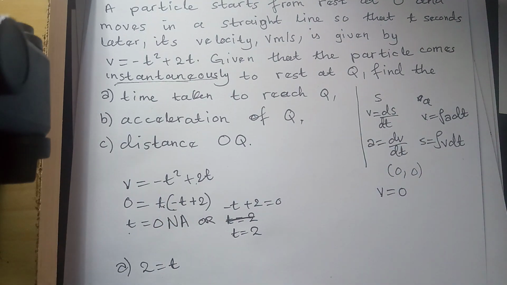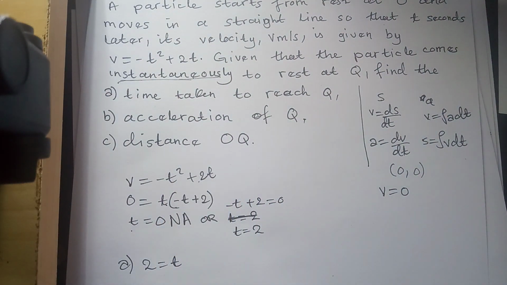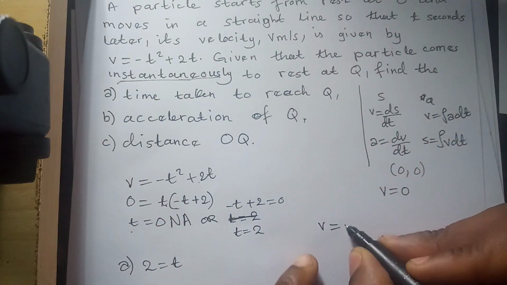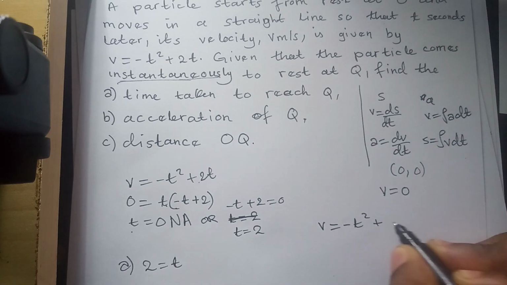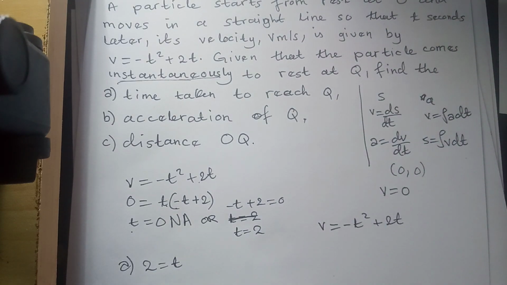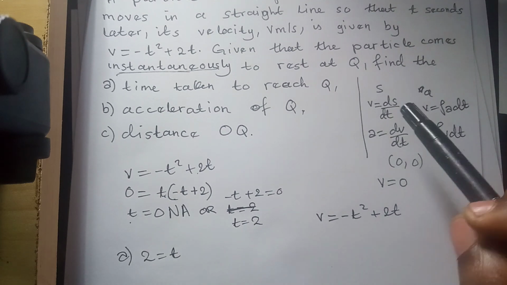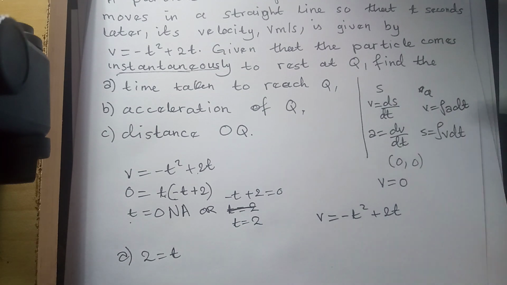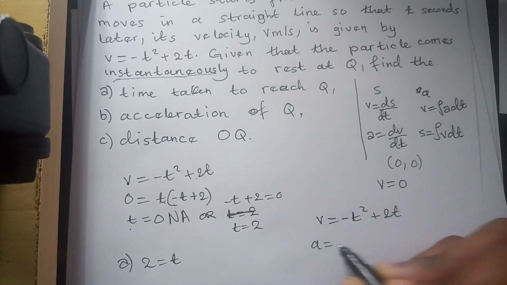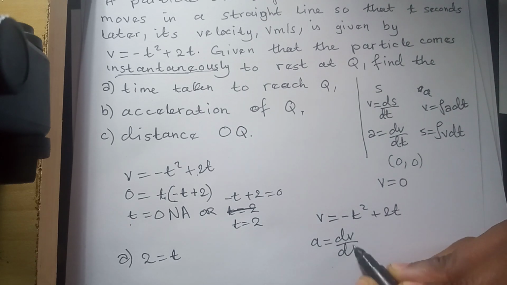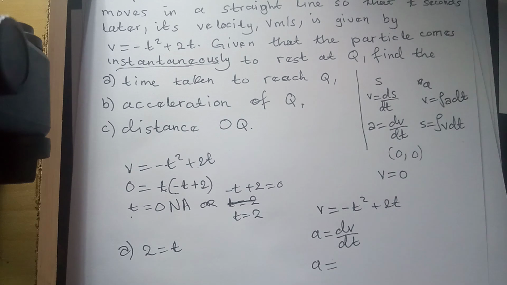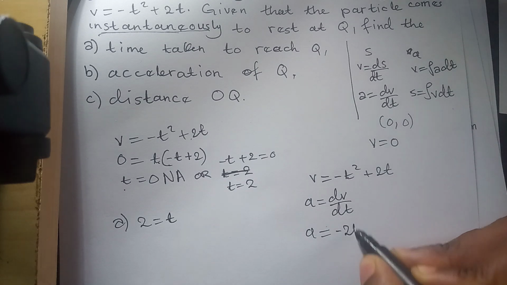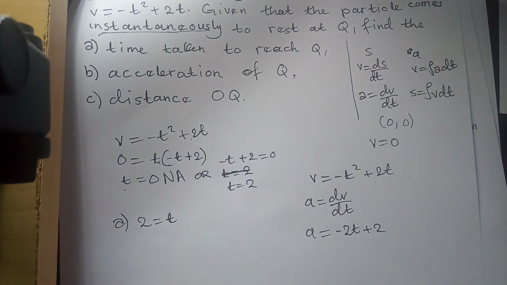And then on part B, acceleration at Q. To find the acceleration, we already have the velocity function, so you can just differentiate this. Remember, when you have the velocity function, once you differentiate it, you get the acceleration function. So acceleration a is equal to dv/dt, which is negative 2t plus 2.